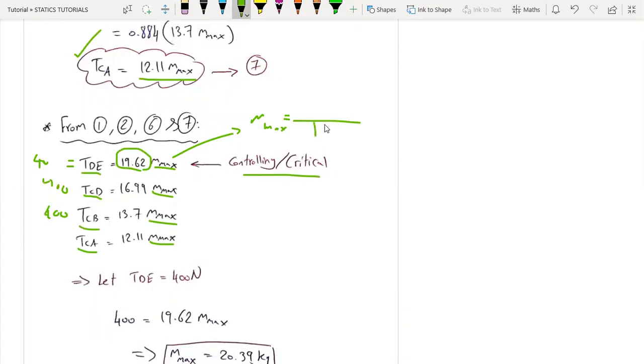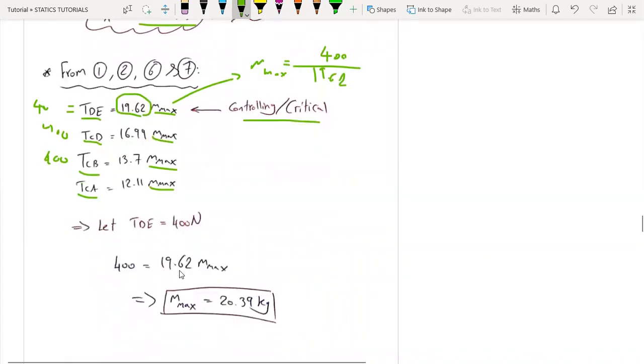Because here it will be divided by 19.62. So 400 divided by 19.62 will give us the least value of M maximum. So we get 20.39 kilogram.